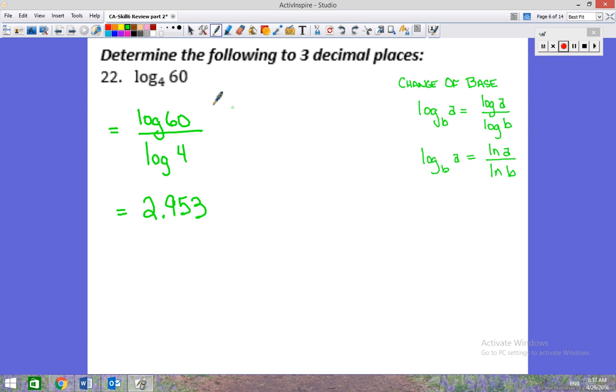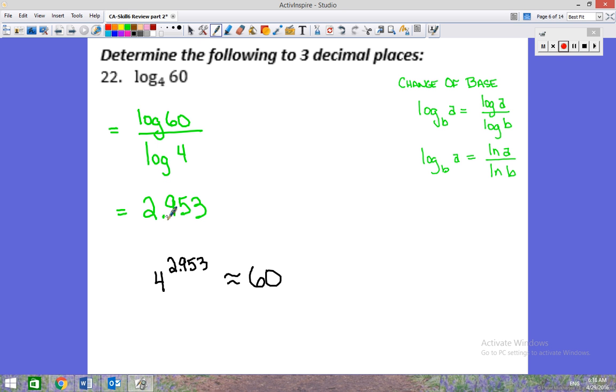What this is telling us in that previous problem is that, and you can check this on your calculator, if you take this base of 4 and the logarithm equals an exponent, so this log equals this 2.953. Now, because of round off error, it's not going to be exactly 60, but this should be really close to 60 if this is a correct answer. We can check that on the calculator.